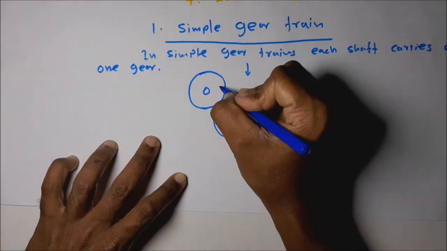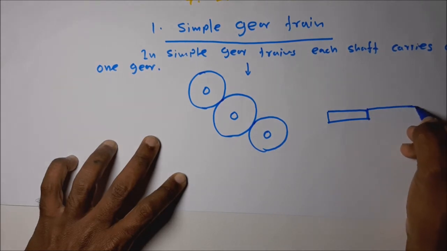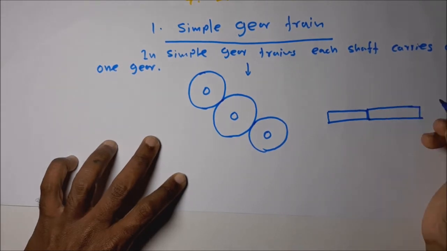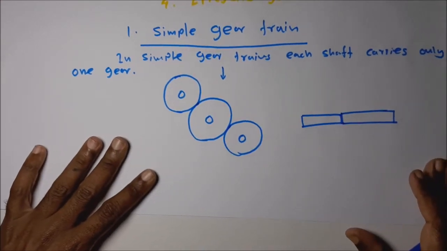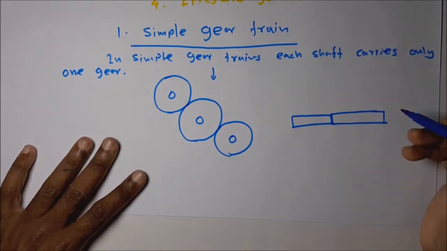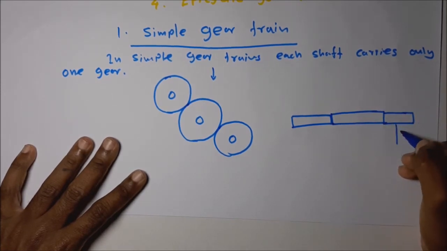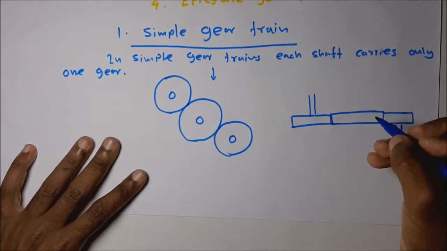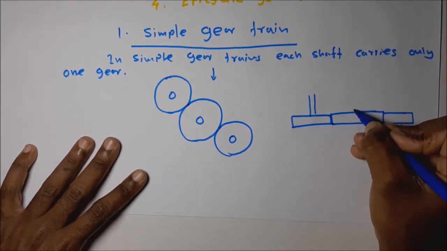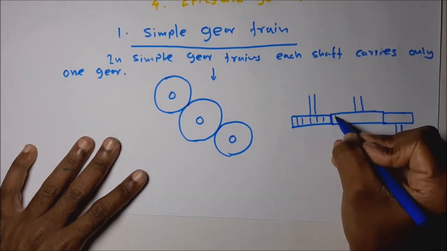This is the first gear wheel, then the second gear wheel. Then next one, the third gear wheel.